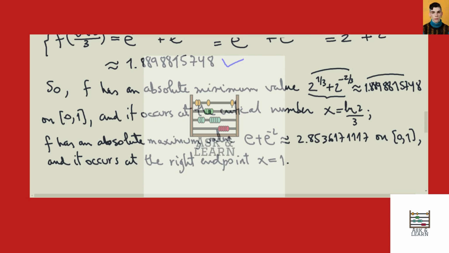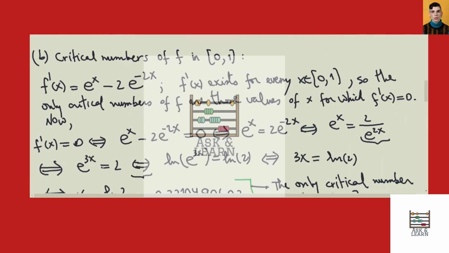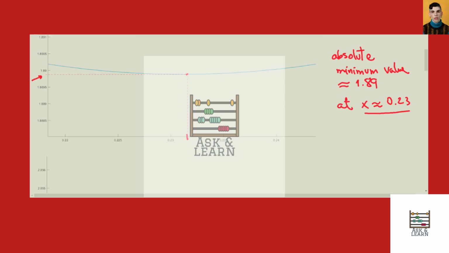So we have these results, and we can see that we are in accordance to the estimation we did in part A, because the minimum is around 1.89 if we round this number to 2 decimals. And it occurs at natural logarithm of 2 over 3, which is about 0.23. And that we saw here.